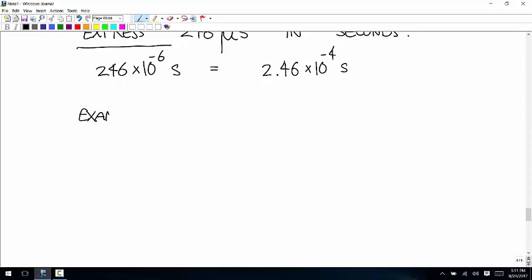Here's another one. This is going the other direction now. Let's say that we want to express 540 grams in kilograms.